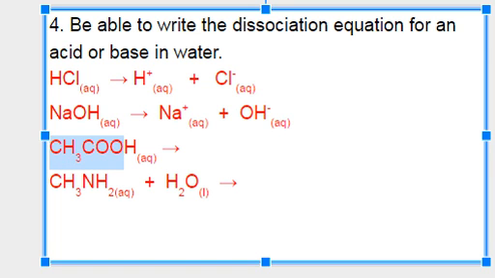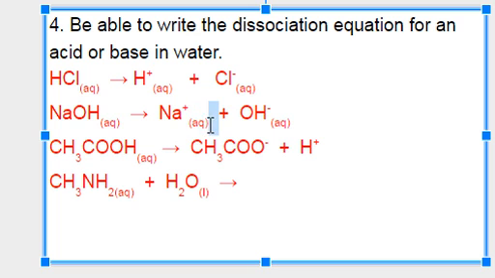So it's going to leave behind the CH3COO minus ion, which is now going to have a negative charge to it, plus I'm going to have the H plus. And these, of course, will be aqueous also.